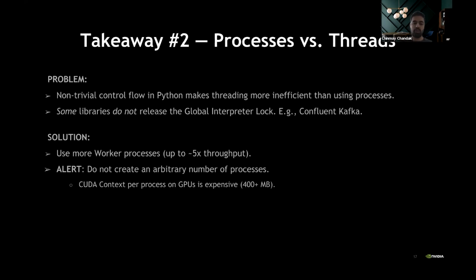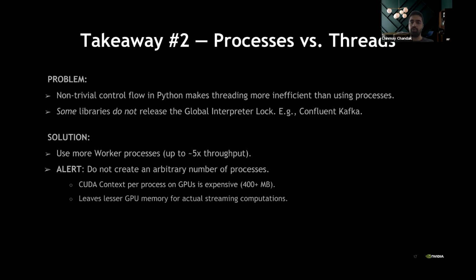So whenever we create a process, it's going to create a CUDA context on the GPUs, which is really, really expensive. For example, with the cuStreamz stack, or with RAPIDS, Dask and Streamz, a CUDA context is 400-plus MB at the time we made these slides, and it might go up.